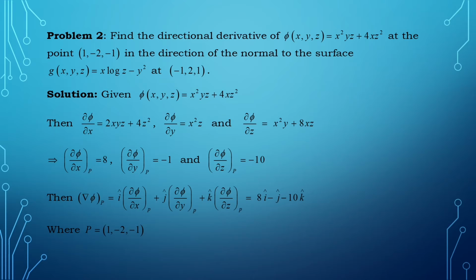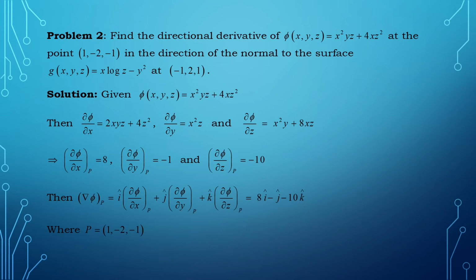Here, u cap is a normal to the surface g of x, y, z equals x log z minus y squared. So, we have to divide this problem into two parts. First, we have to find the gradient of the given scalar field phi of x, y, z at the given point (1, -2, -1).